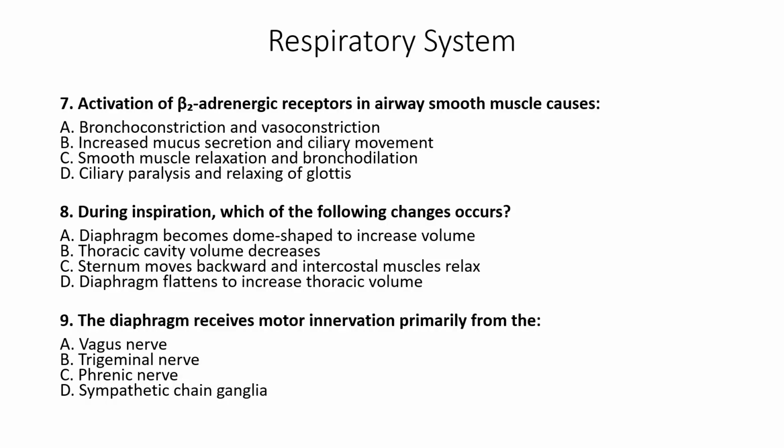So C3, C4, C5 are the nerve fibers that compose the phrenic nerve, and that's the part that innervates the diaphragm. There's this mnemonic that I found online, which was C3, 4, 5, keep the diaphragm alive.